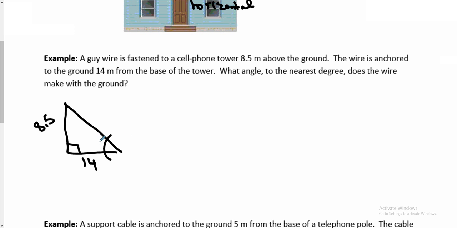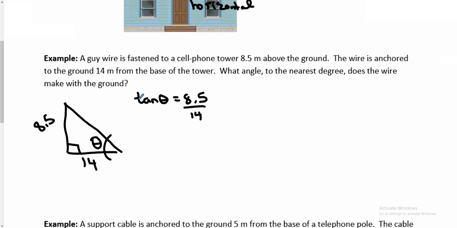Because this triangle is not labeled, we can use the Greek letter theta to indicate the angle. So we set this up as tangent of theta is equal to opposite over adjacent, 8.5 over 14.